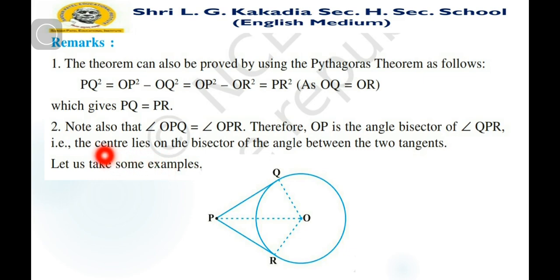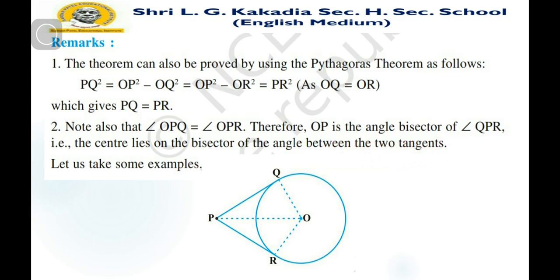Now note also that angle OPQ and angle OPR are equal. OP is the angle bisector of angle QPR, that is, the center lies on the bisector of the angle between the two tangents.